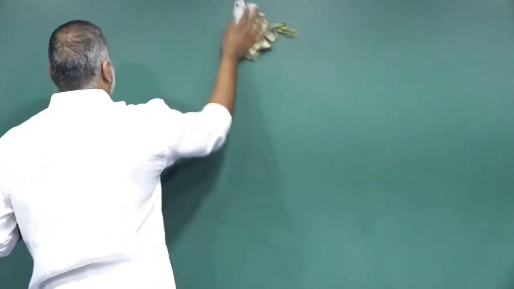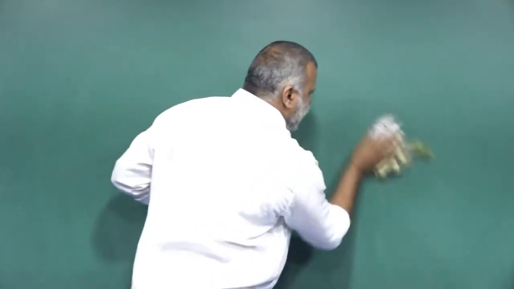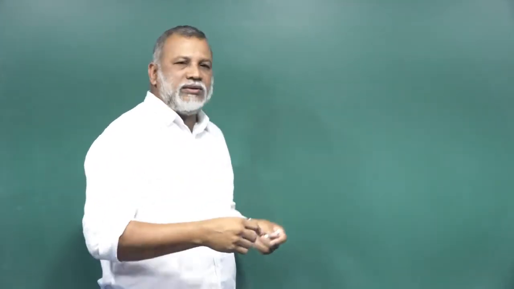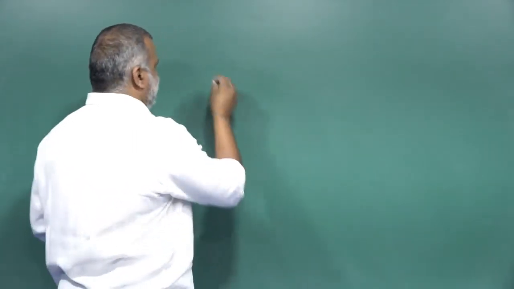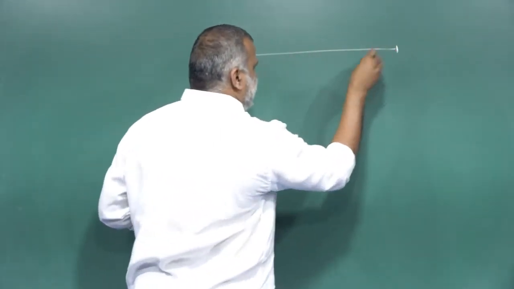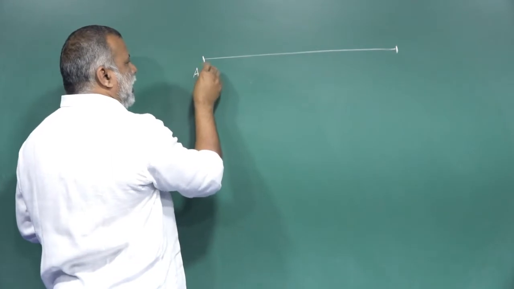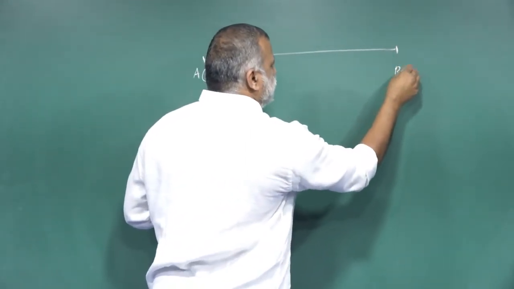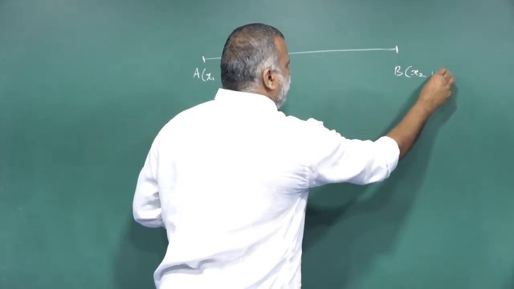Now we are having the second proof. You know the section formula. From your lower classes onwards, you are using the section formula. What is the meaning of section formula? For example, once again, I am selecting the point A of x1, y1 and B of x2, y2 be any 2 points.